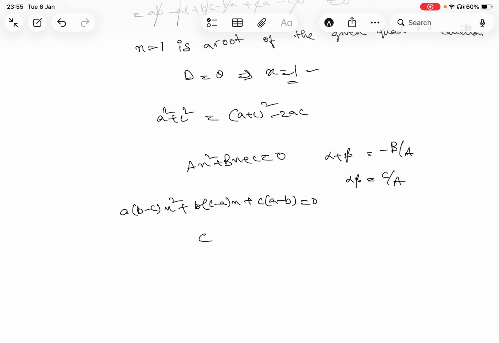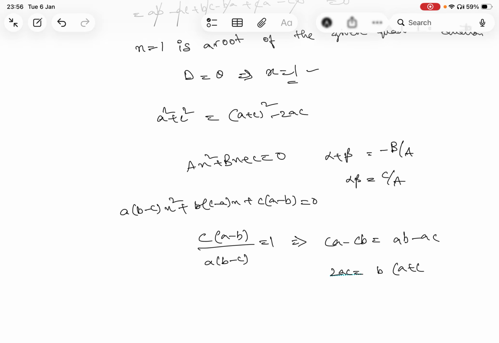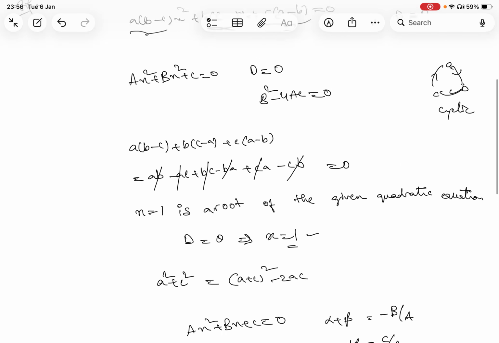Then the product of roots, which is c(a minus b) by a(b minus c), is 1. This implies ca minus cb equal to ab minus ac. Now 2ac equal to b into a plus c, right?